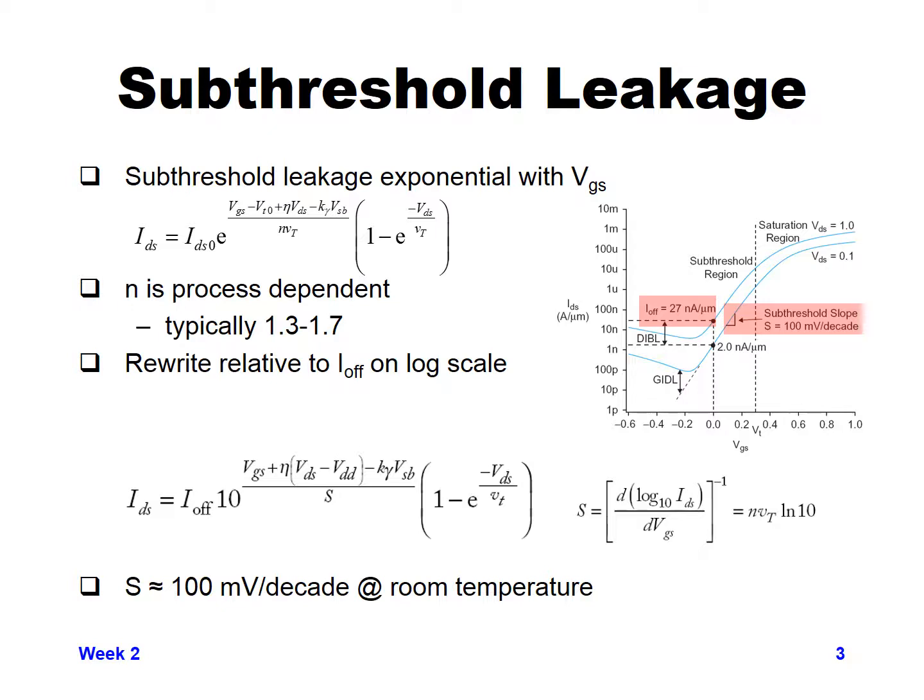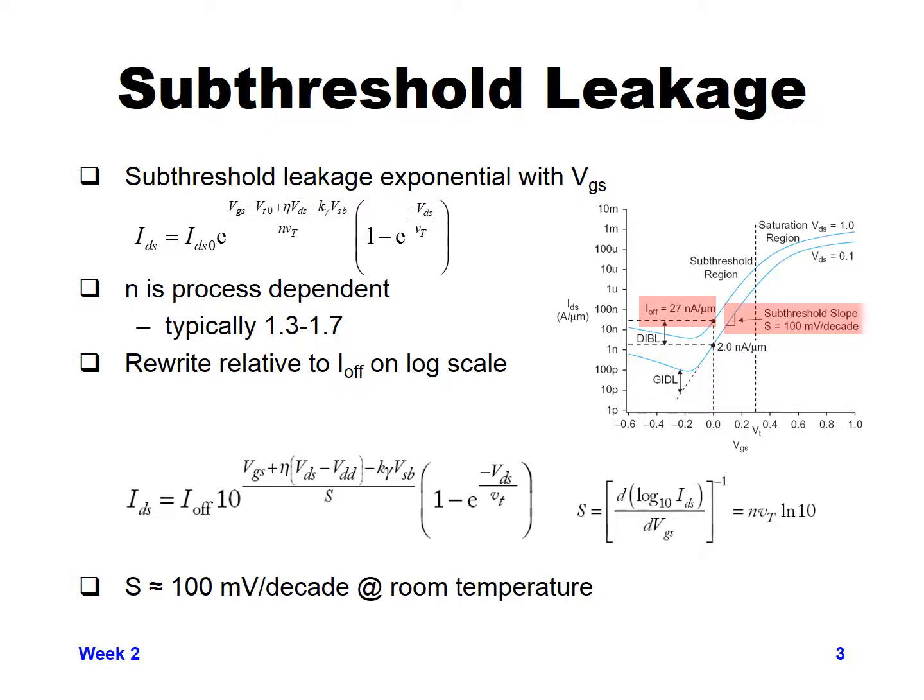Going into more detail on some of our leakage sources, first we'll go through sub-threshold leakage. Sub-threshold leakage is actually exponential with your gate to source voltage, and it has a fairly complex equation, as you can see in the top line of IDS.